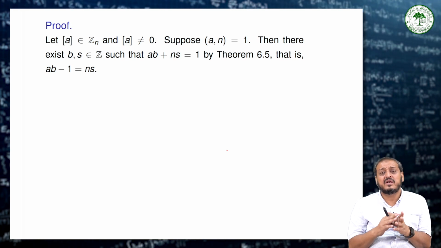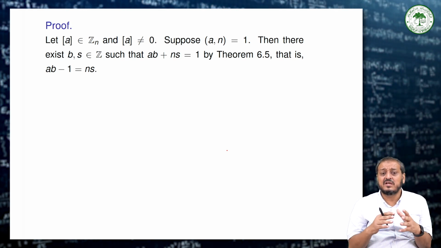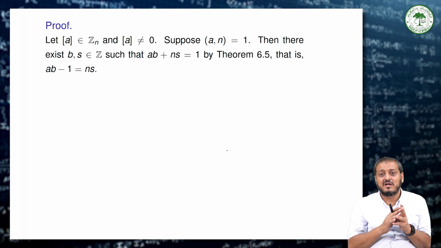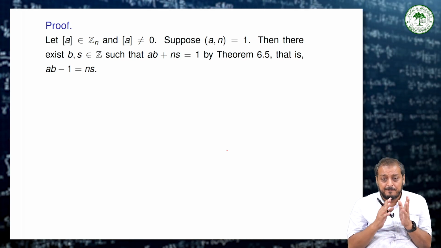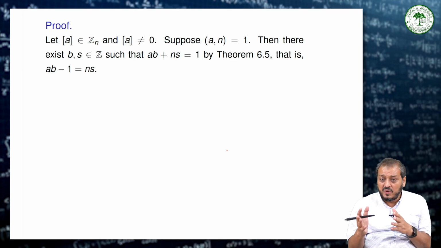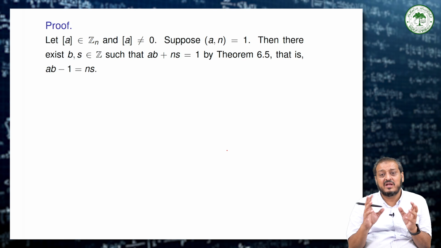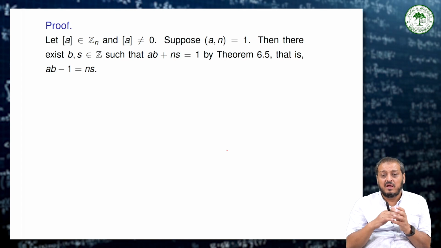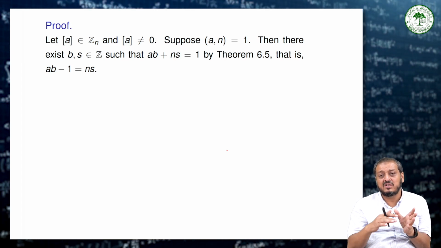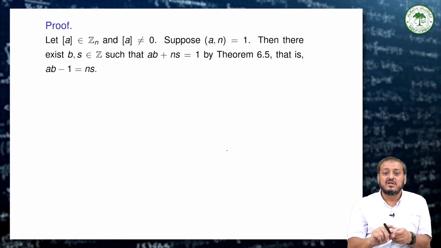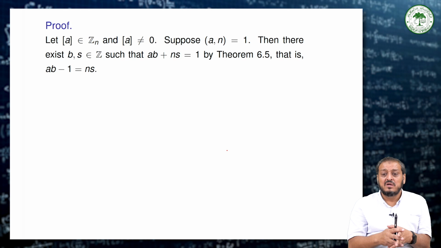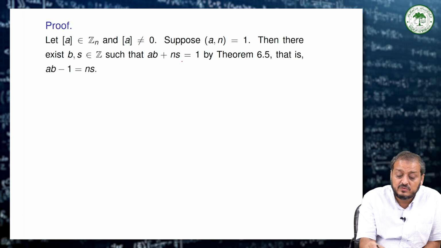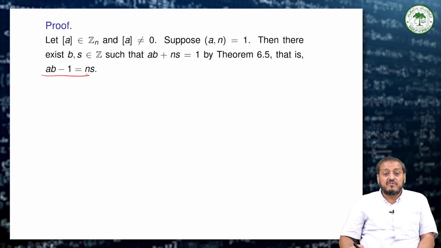So suppose we assume that a and n are relatively prime. Then there exist integers b and s such that ab plus ns is equal to 1, by the theorem we just stated. Using this theorem, if a and n are relatively prime, there exist some integers b and s in the set of integers. So ab plus ns is equal to 1 by that theorem, and from this clearly ab minus 1 is equal to minus ns.